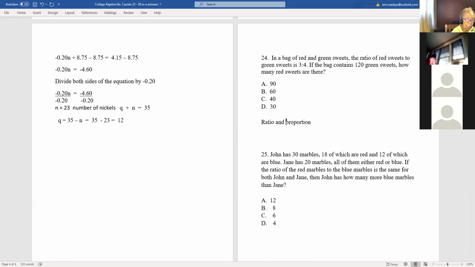Ratio and proportion. Because the ratio is 3 to 4. That's not the proportion. The proportion is going to show the relationship between the red and green. So you want me to write 3, because 3 to 4 can also be written as 3 with the colon 4, which is the same as saying 3 over 4, right? I'm using a slash here, same thing.